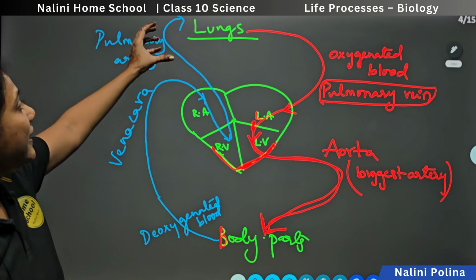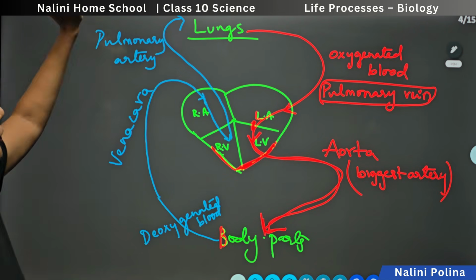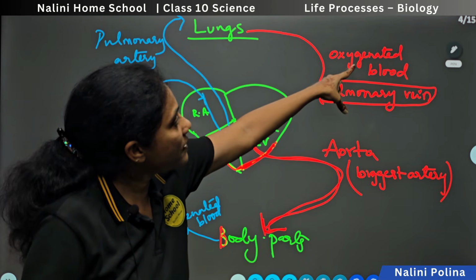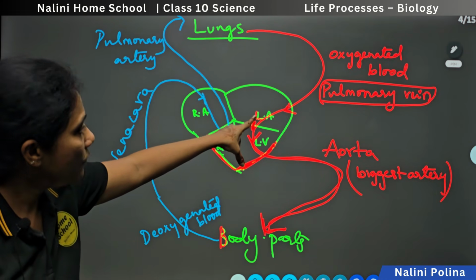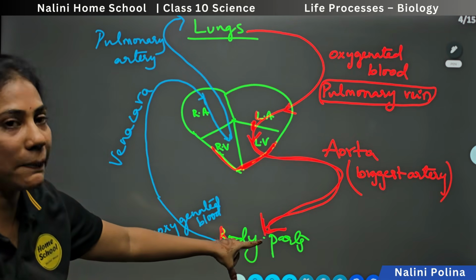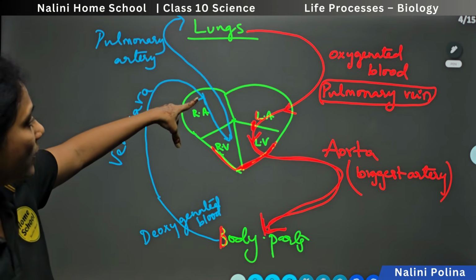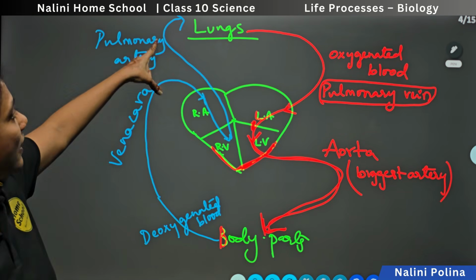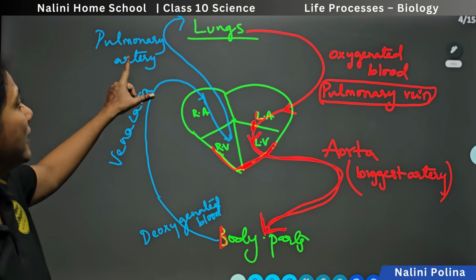So the moment deoxygenated blood has gone to the lungs, the carbon dioxide comes out from the nose, and to the same blood, oxygen enters. Now it becomes oxygenated blood. It passes through the pulmonary vein to the left atrium, from there to the left ventricle, and from there through the aorta it is going to all body parts. Now again from the vena cava, the deoxygenated blood is moving to the right atrium, from the right atrium to the right ventricle, and from the right ventricle again back to the lungs, guys, through the pulmonary artery.